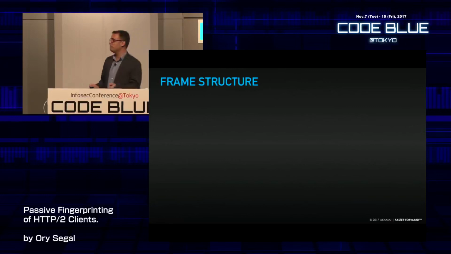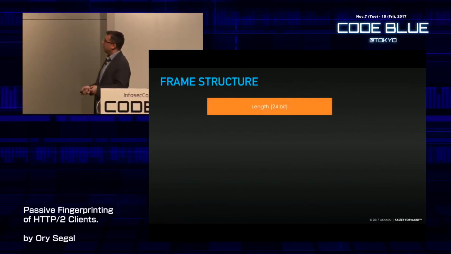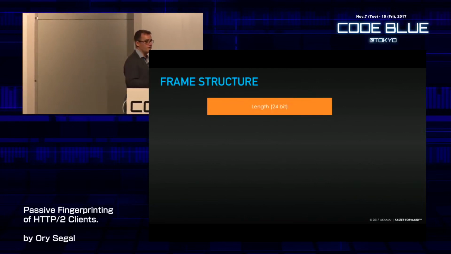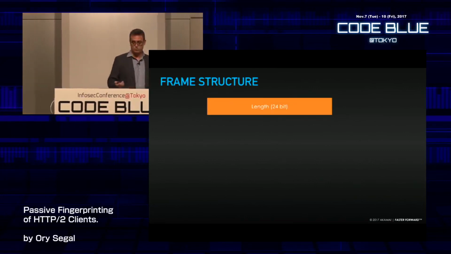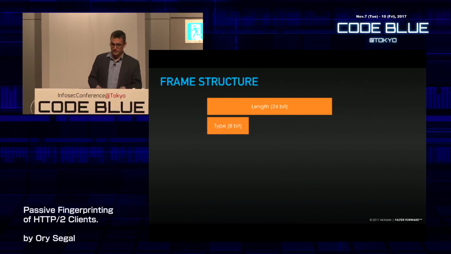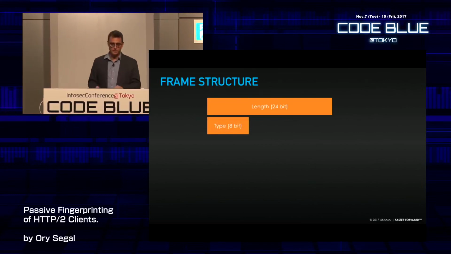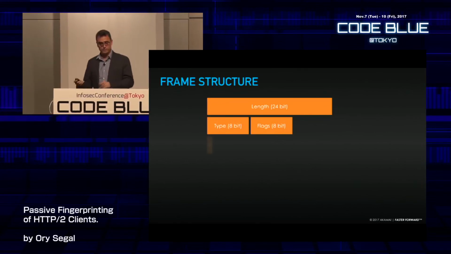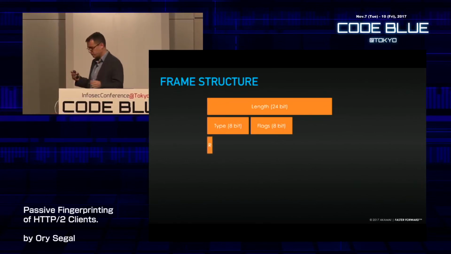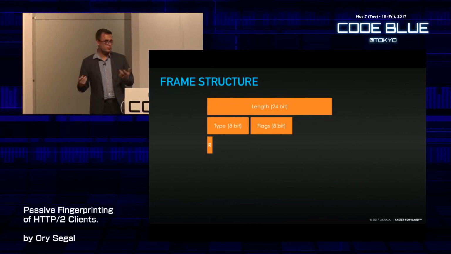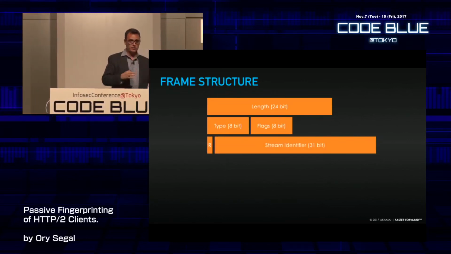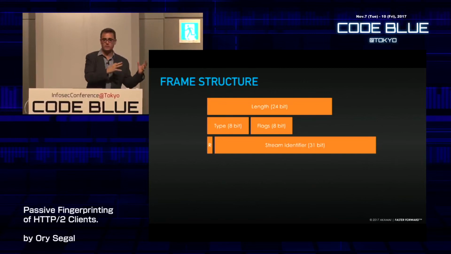So how does the frame look like? In the beginning, we have the length of the frame, so an integer telling us what is the length of the frame that we are about to receive. The type of the frame, which is an 8-bit number, the different flags, a reserved bit, because you always have to reserve 1 bit when you write a new protocol, and a stream identifier, which basically says to which stream this frame belongs to.